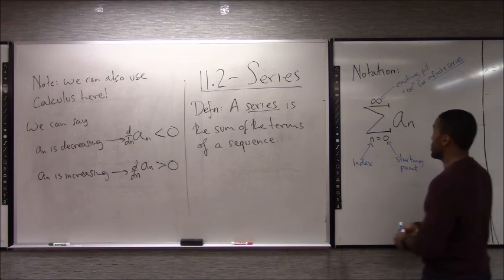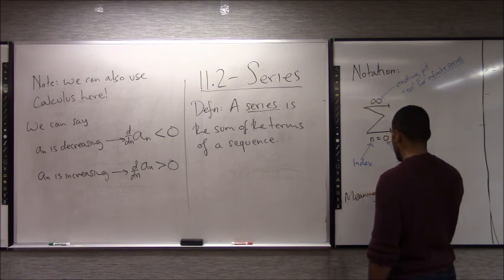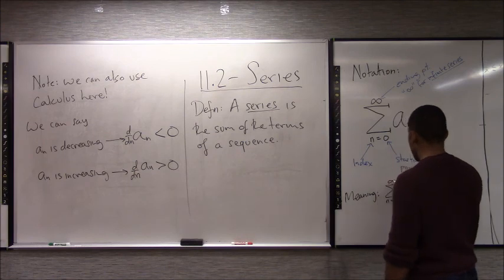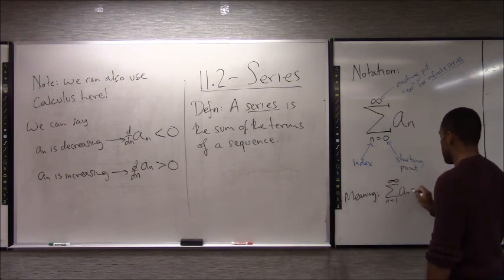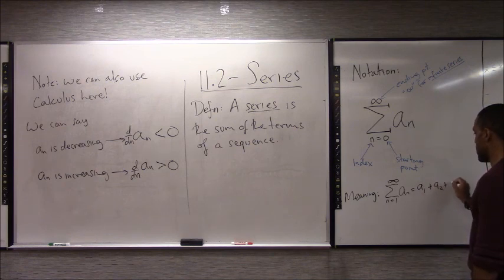And essentially what this means, whenever we write something like 1 to infinity of a_n, basically means plug in 1, add it to plug in 2, add it to plug in 3, add it to, keep going.